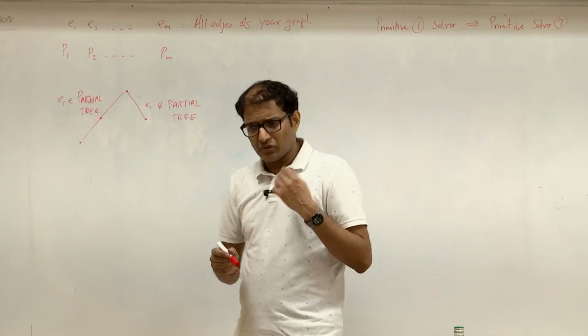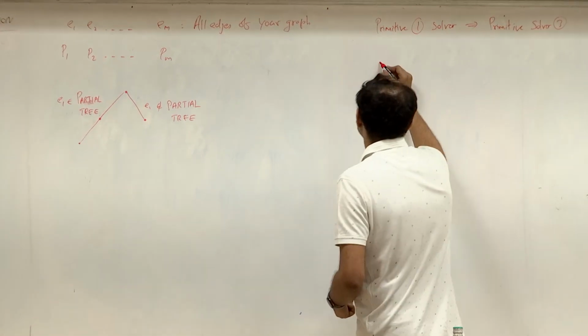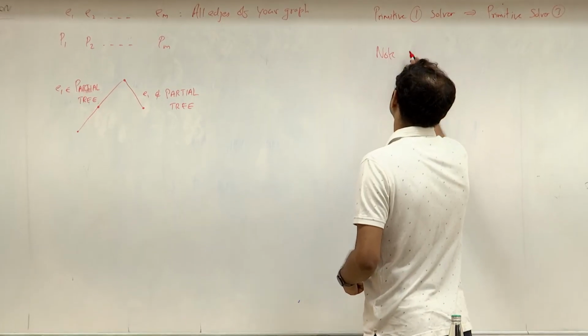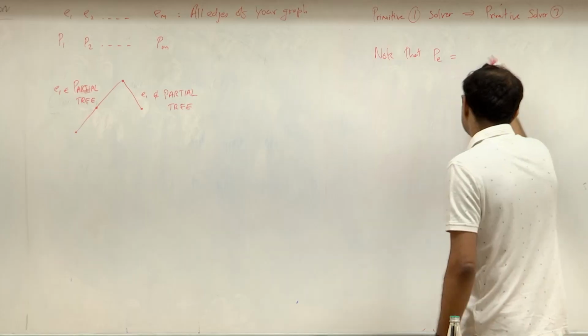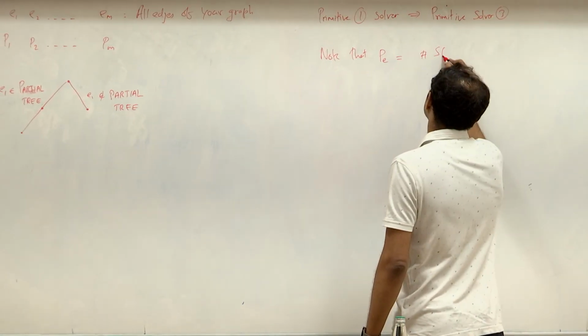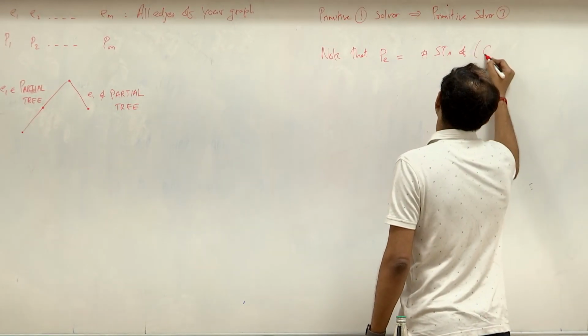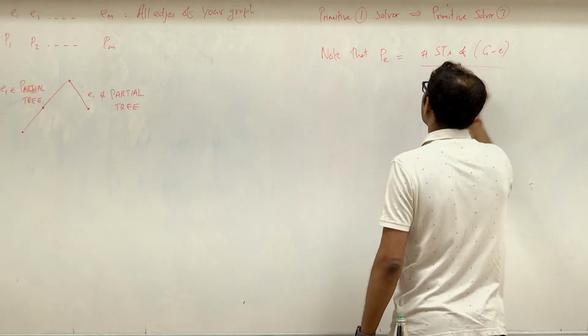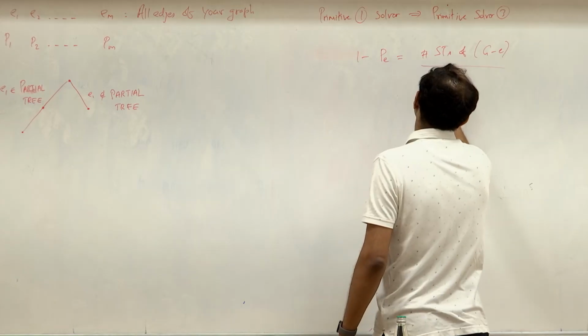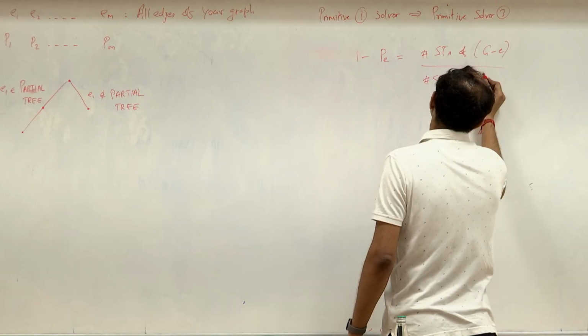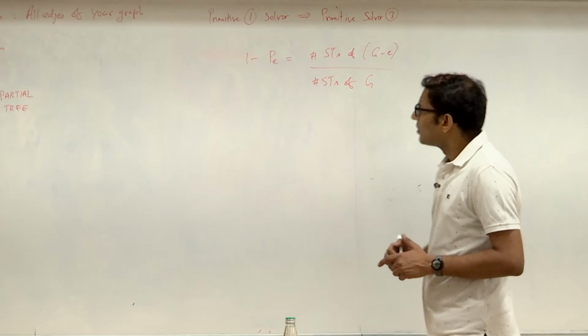So in other words, what he is observing is that P_e for an edge e is actually equal to the number of spanning trees of G minus e, over the number of spanning trees of G, and that is 1 minus P_e. Right, so that's all you notice.